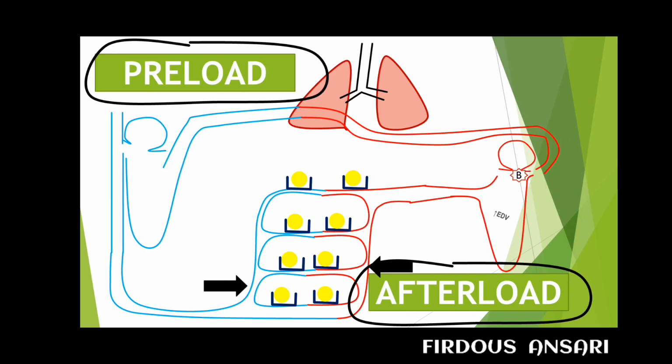So in total you can say it increases the end diastolic volume, meaning more pressure is required to pump the blood. Because of preload, the amount of blood in the left ventricle is increased. Because of increased afterload, it is offering more resistance. So because of which a large amount of blood is filled into the left ventricle, or you can say congestion of the left ventricle is occurring.